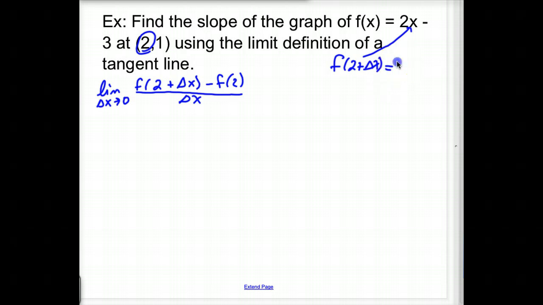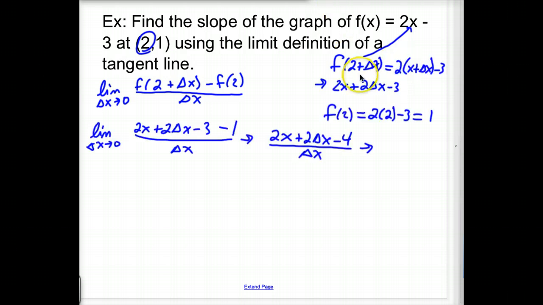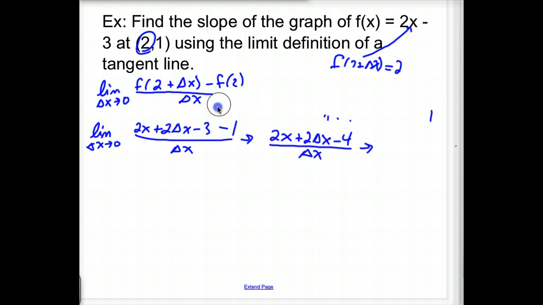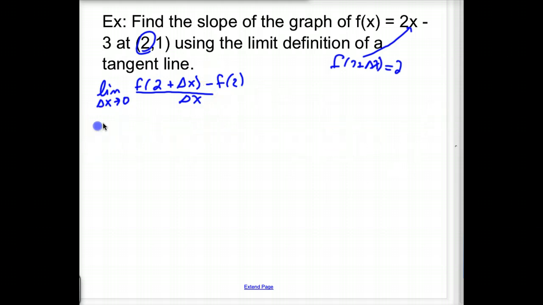So we're going to have 2. Okay, made a mistake here. I'll go back. Oops. Sorry. So f of 2 plus delta x, plugging in 2 plus delta x in for x, we're going to get 2 times 2 plus delta x minus 3.